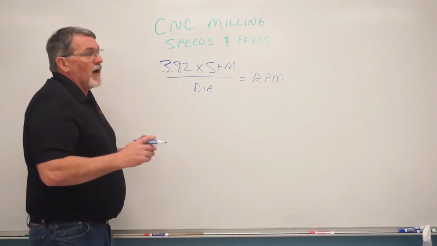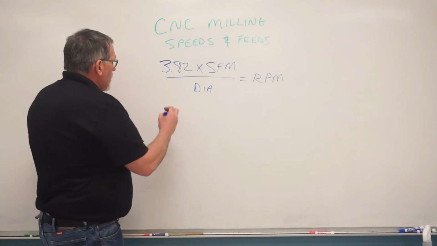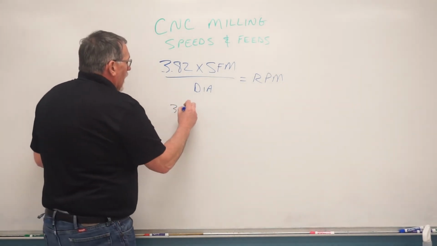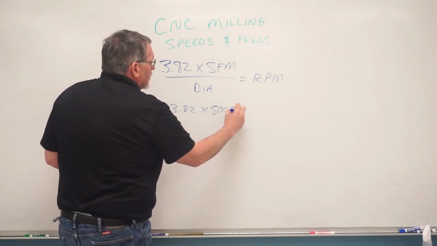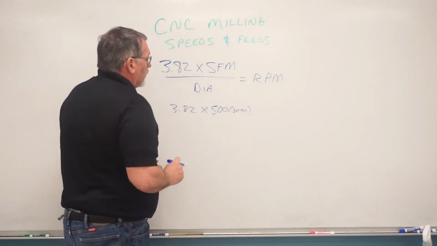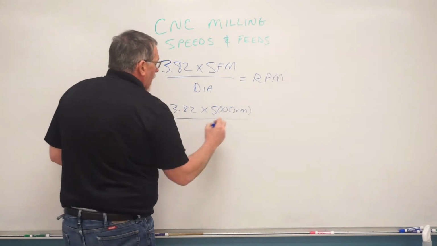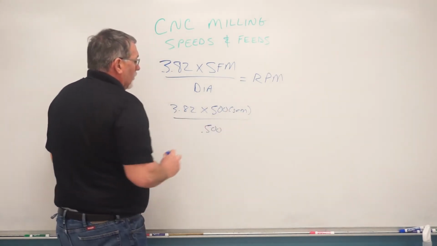So let's use 500 surface footage. So 3.82 times 500, that's surface feet per minute, divided by a half-inch diameter tool.